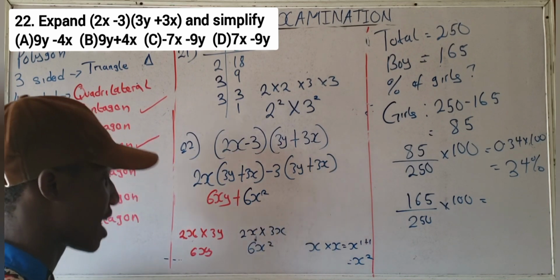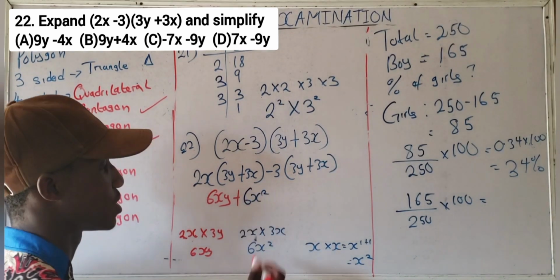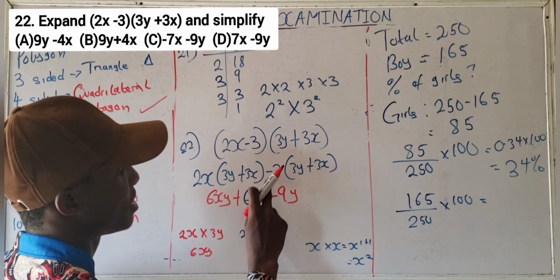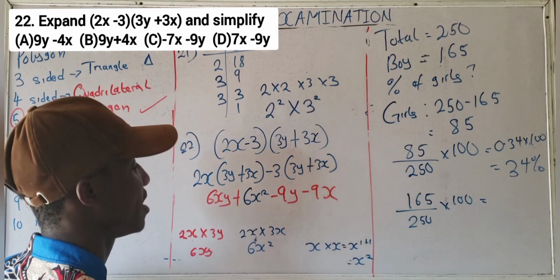Now let's move to the second aspect. We have negative 3 times plus 3y. That is negative 9y. Negative 3 times plus 3x. That is negative 9x.